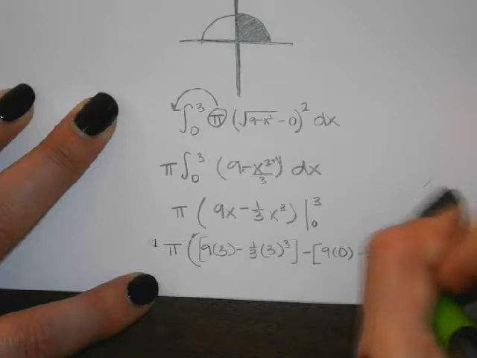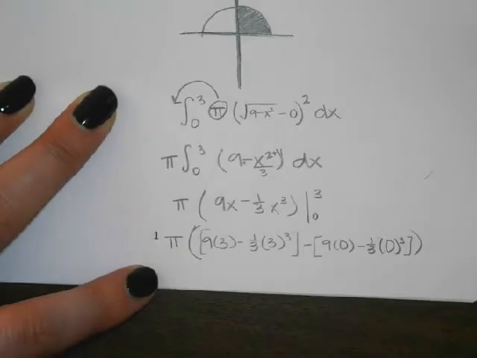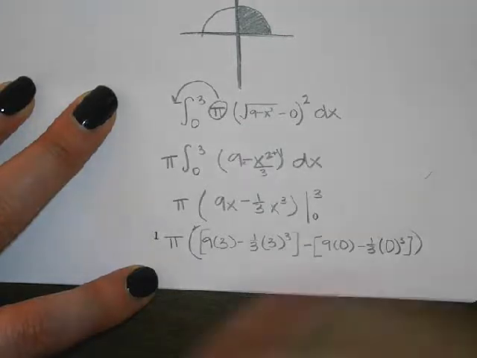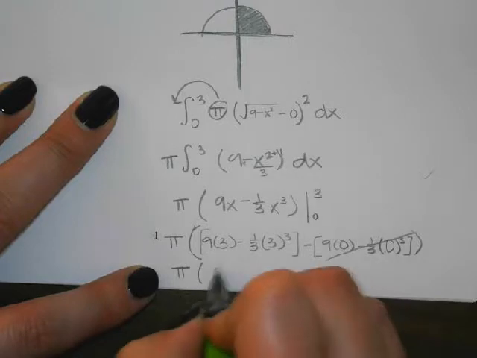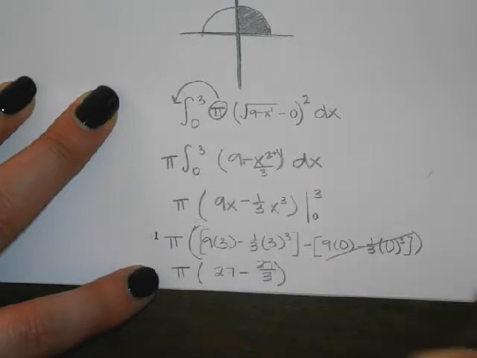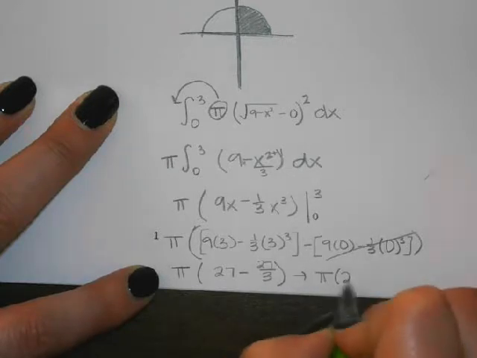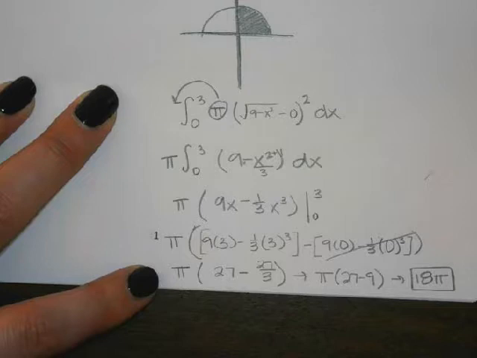So there's that pi in the front. That's nothing. 27 minus 27 over 3. 27 minus 9. So it's 18. Okay. And then once you get your answer, go ahead and plug this into your calculator and just double check that it's right.